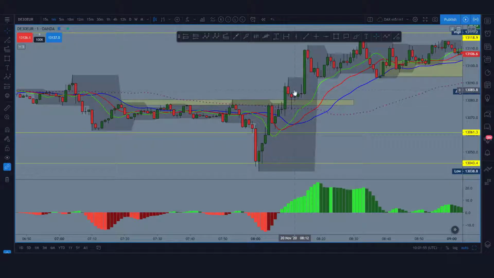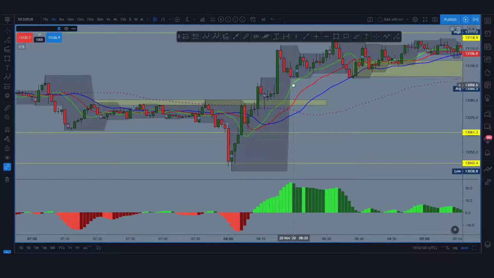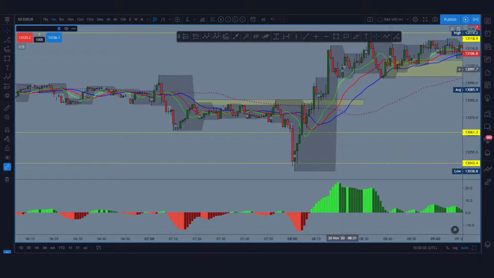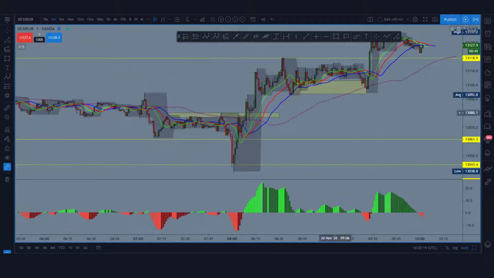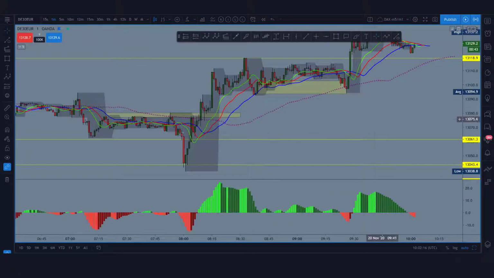If I took this long here and took my profits there, that would have allowed me to try this as well. But because I didn't take this, then this for me was an even lower probability trade, so I didn't take this one either. And then through all this time, I stayed and did nothing until that 15-second trade. So that's a bit of a recap.